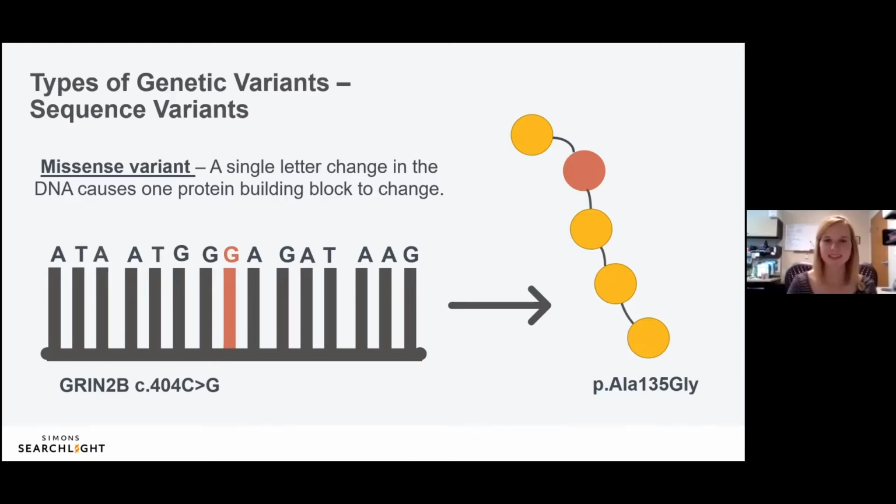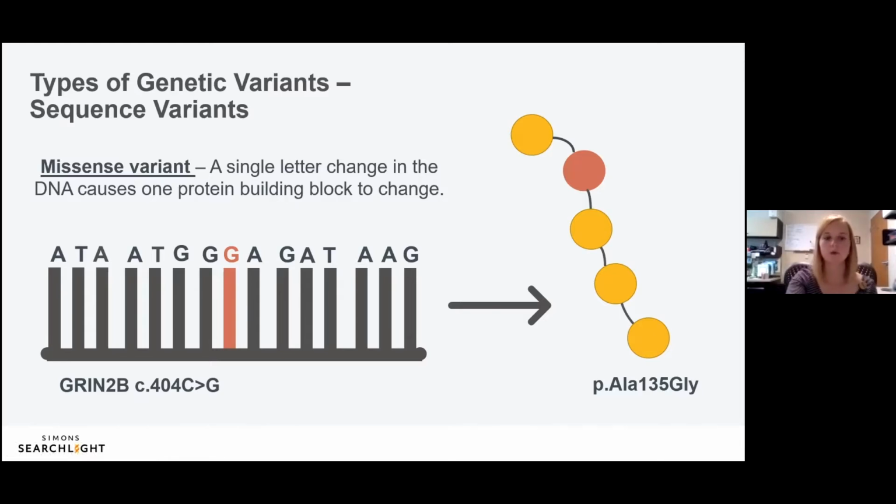So let's break this down a little bit farther. Some background information I want to give to you before we dive in too deep is the difference in the different ways that you'll see these genetic changes written on a lab report. If you see a C dot, that's telling us we're thinking about the letters of the DNA themselves.